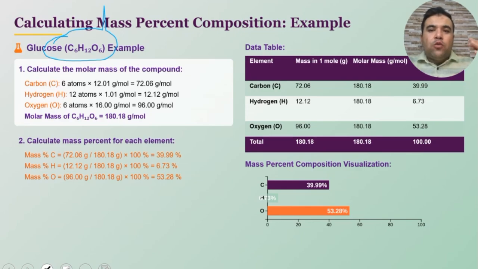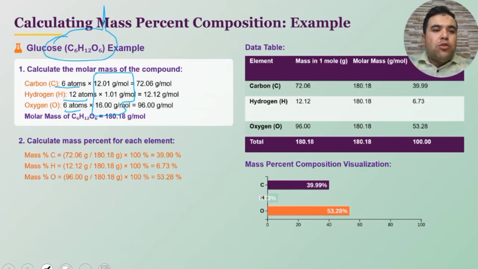First, let us calculate the total molar mass of the compound, and then we'll be calculating the mass of the elements, and then perform the calculations. Guys, you know that to calculate the molar mass of a compound, we should multiply the molar mass of one atom of those elements by the number of the subscripts, or the number of those atoms in the compound.